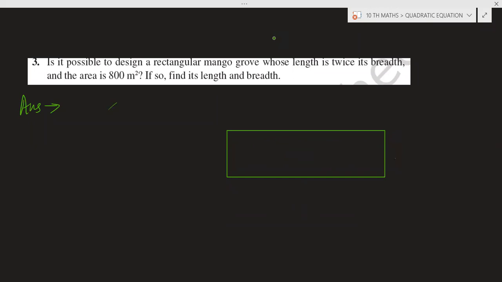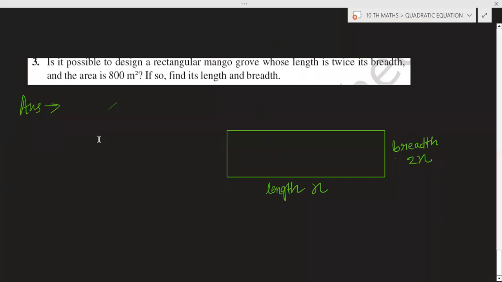So this is the length, suppose, and this is the breadth. You can write in the examination: let the length of the rectangle be x and the breadth becomes 2x. So they are saying area is this.